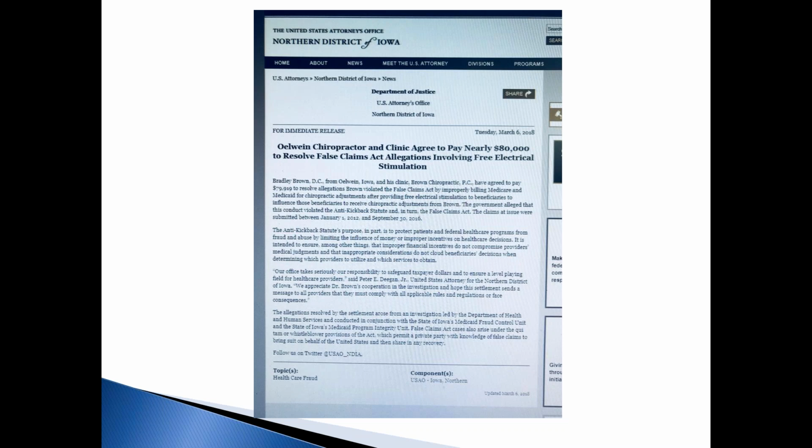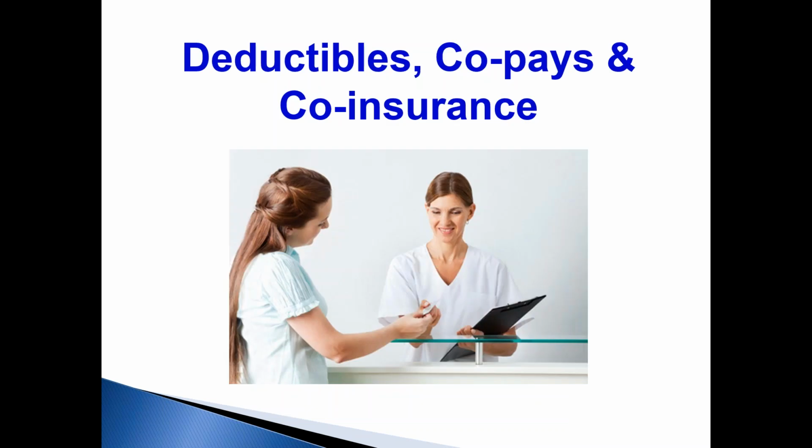So the U.S. Attorney Office in Iowa went to this doctor and said, hey, you are using the free stim to induce the patients to come in for chiropractic adjustments. So be careful with the free services.